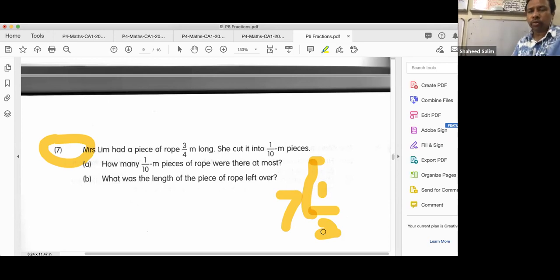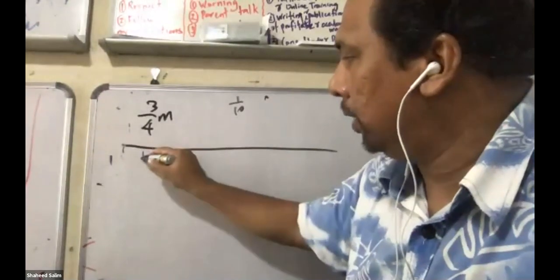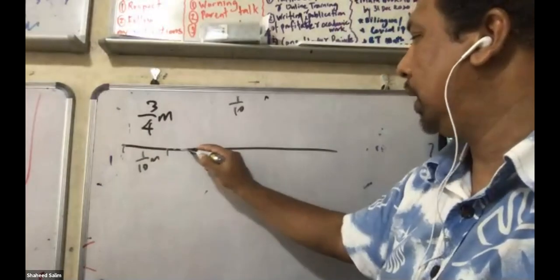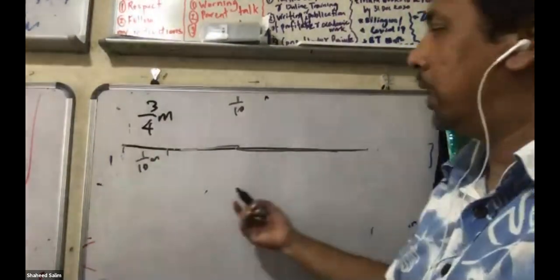So now we go step by step. There is 3/4 meters of rope, and the rope is cut into 1/10 meter pieces. Every 1/10 meter is cut. So this whole thing now, 3/4 meters, we need to find out lah.